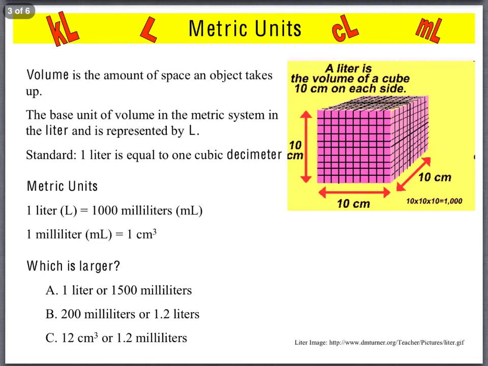And question C is a little harder, but what is bigger, 12 cubic centimeters or 1.2 milliliters? The answer is 12 cubic centimeters. We'll talk about this more in class, but 1 cubic centimeter is equal to 1 milliliter, and so therefore 12 of them would be bigger than 1.2.